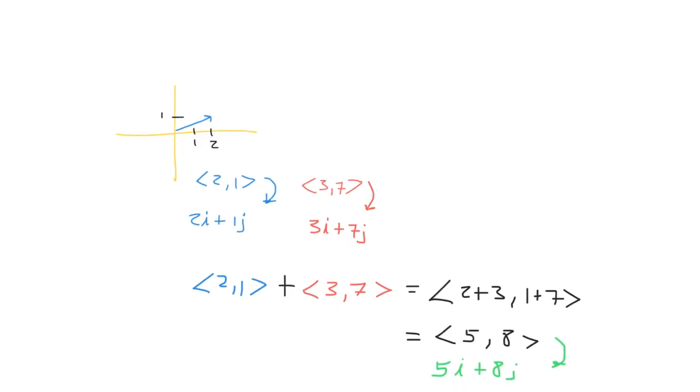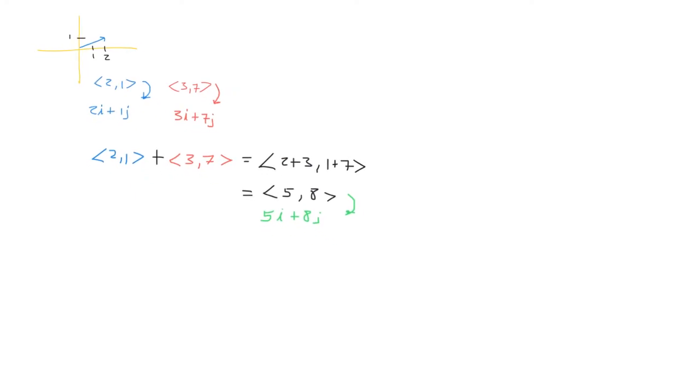So how does that apply to our problem? Well, it applies because they give you two vectors and they're saying, oh, we're adding CD to AB, right? Well, let's figure out what is the component form or what is the notation for AB.